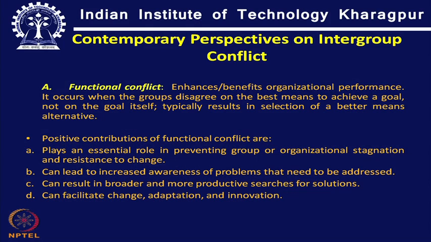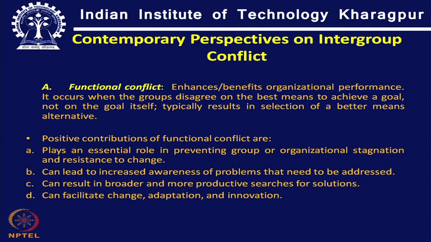So functional conflict may lead to increased awareness about problems in the organization. And because there are different actors in this situation, who have their own viewpoints regarding the particular problem at hand and how it can be solved, it can result in a broader and more productive search for better solutions.